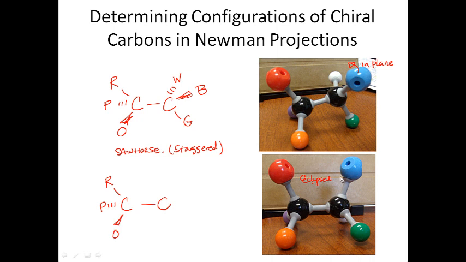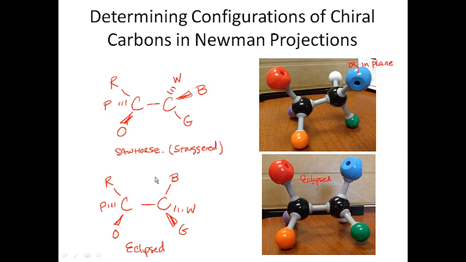All I did was move the blue into the plane, so now the blue and the red are eclipsing each other. The white is down here behind you, and the green is on a bold wedge pointing towards you. So we can manipulate these structures simply by rotating, but we have to have a general idea when I look at this, saying, okay, this is basically the eclipsed conformation.